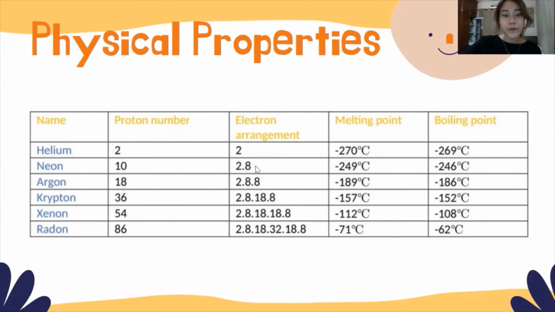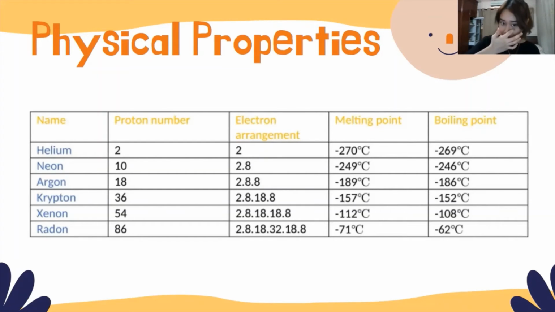So we can know the group of elements by knowing the number of electrons in the outermost shell. You can see here that the electrons in the outermost shell is 8, which means that they are in group 18.